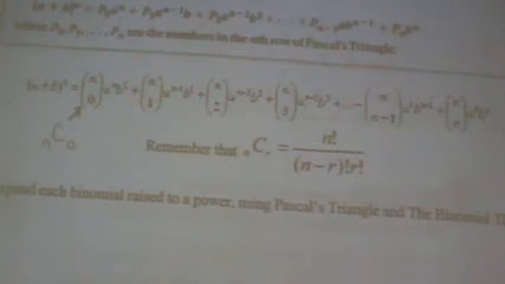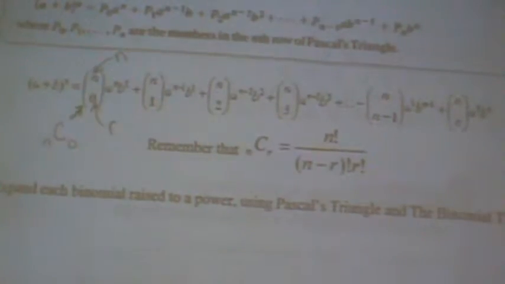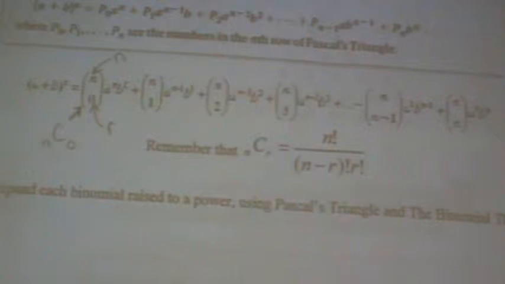It's just another way of writing a combination. Your n is still your n, and the bottom number is your r. So everything is exactly the same as we did it yesterday, except now we're using the combinations.